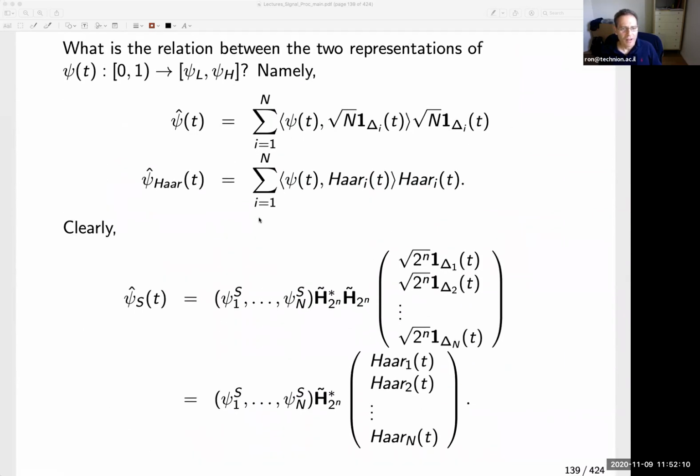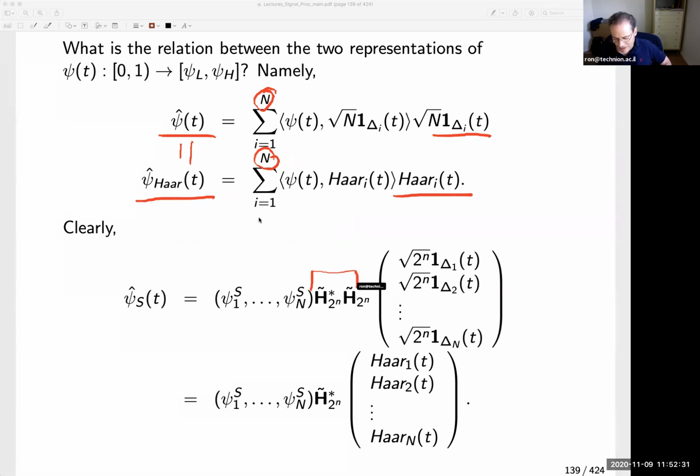And again, what we can say is that if we pick the full n numbers, then representing psi with the standard functions or with the Haar functions, I would get the same approximation. And this is exactly as we did before.